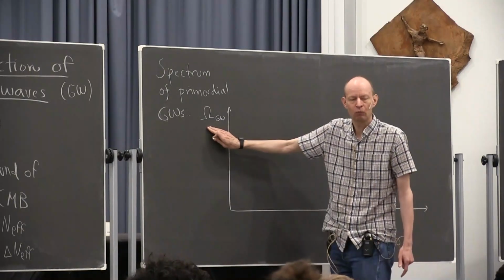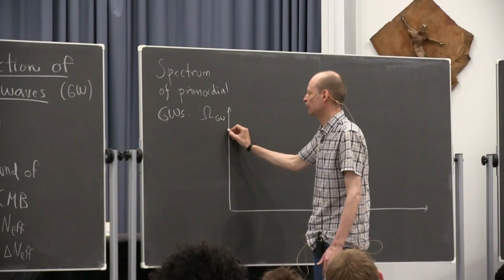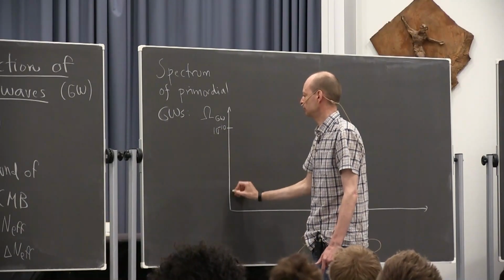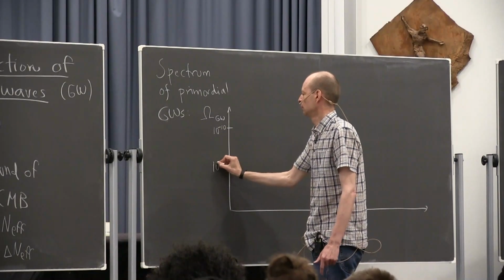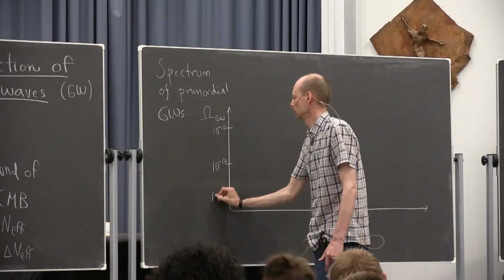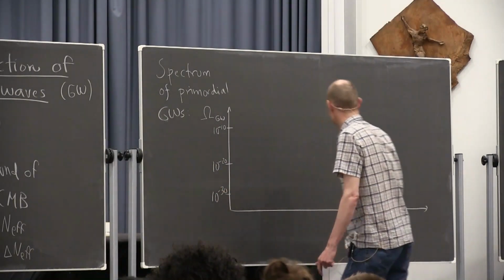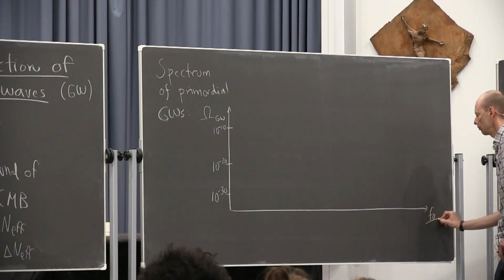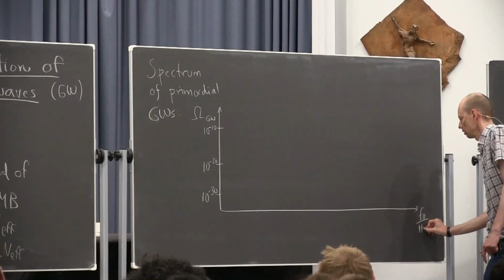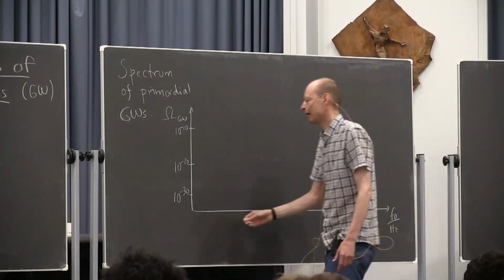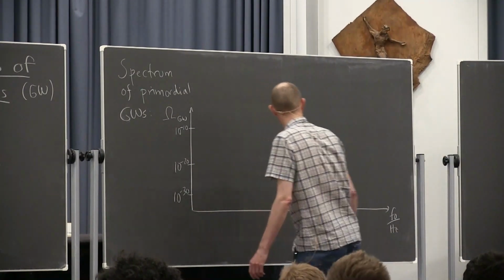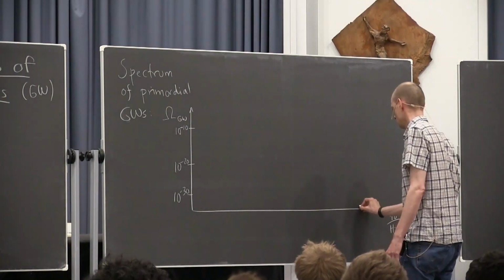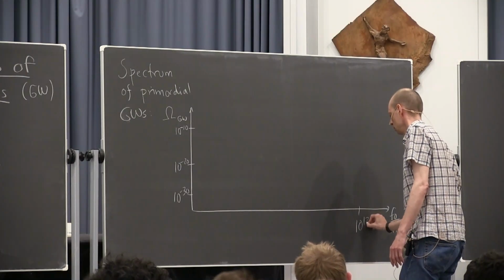These are numbers that are typically small. Then often we plot this as a function of the current frequency of the gravitational waves. And there's a huge range of frequencies that we may consider, so let's say from 10 to 12.